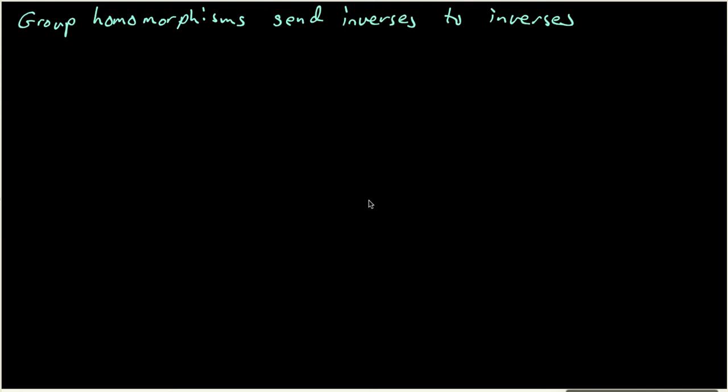In this recording, we're going to look at the fact that group homomorphisms send inverses to inverses. In other words, we're going to prove the theorem that says the following.